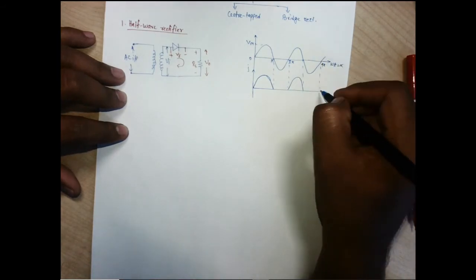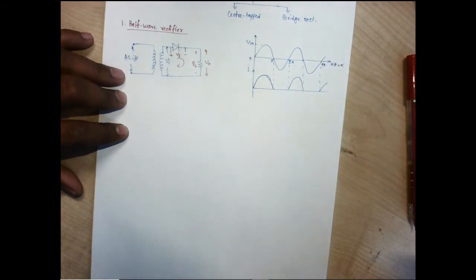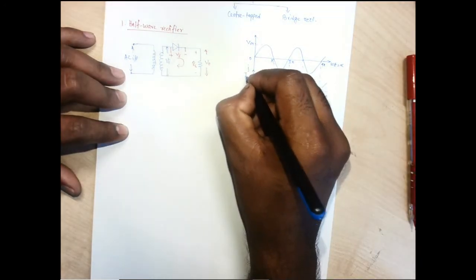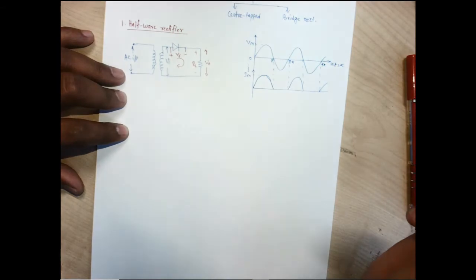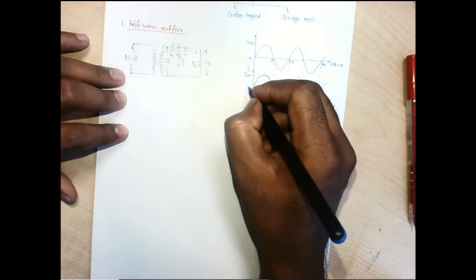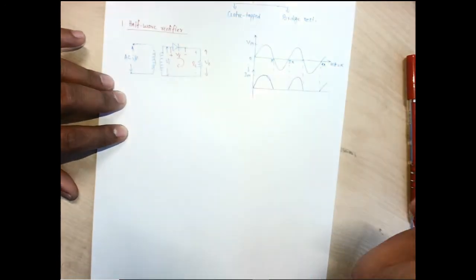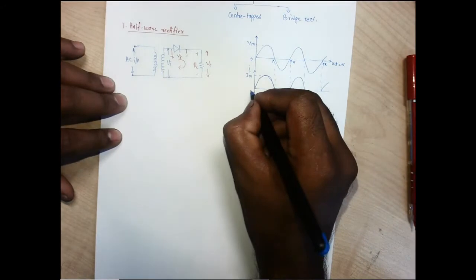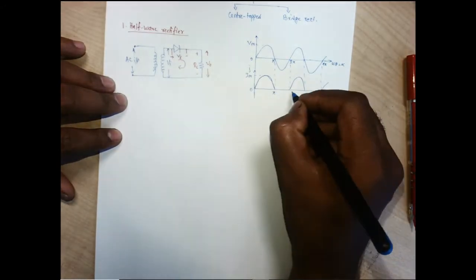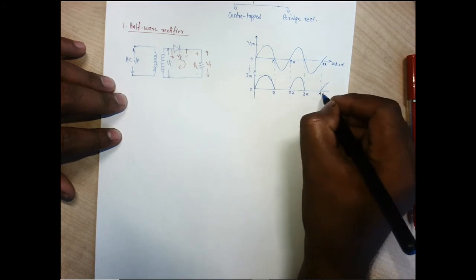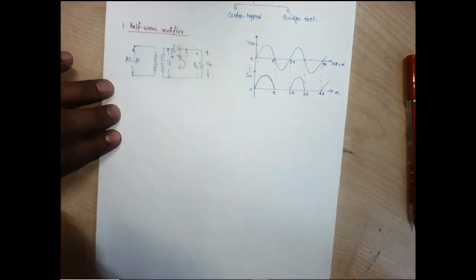If it is going like this, and we will have other signals. So this is the value Im, the maximum current which is available at the output. The current which is available at the output has been flowing across this load RL. 0, pi, twice pi, 3 pi, 4 pi, like this alpha.